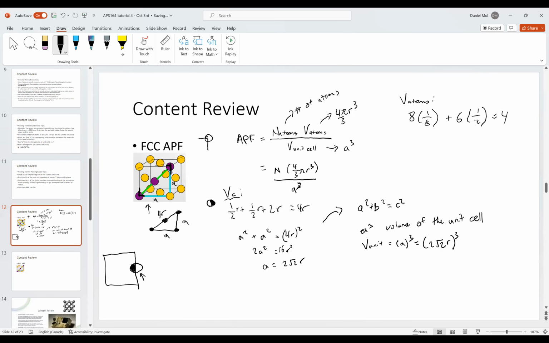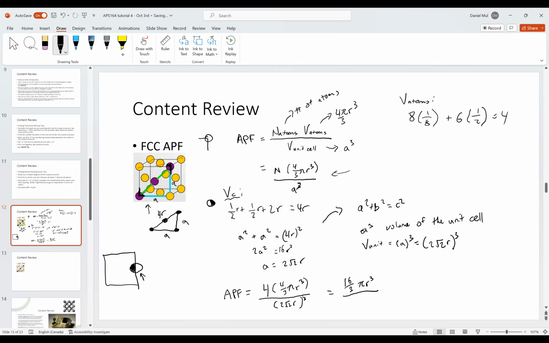So then, based off of this relationship, our APF is equal to 4 atoms times 4/3 pi r cubed, and then we have our a cubed. So we get 16/3 pi r cubed.